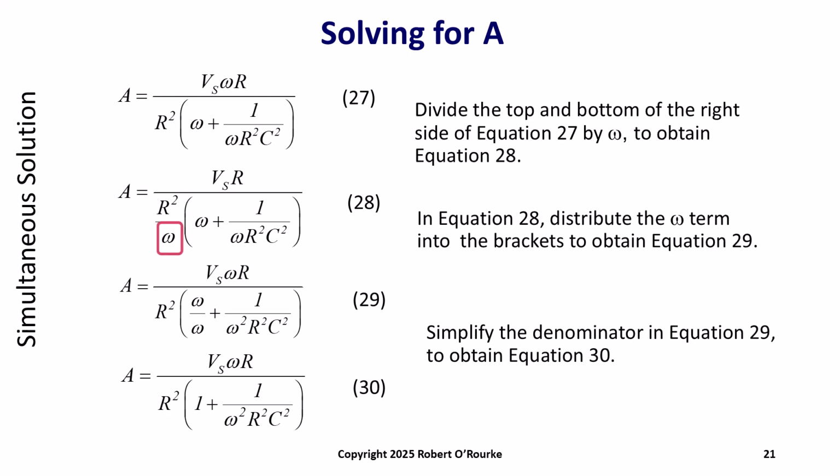Distribute the omega term in the denominator of equation 28 into the brackets. This gives us an omega over omega term in equation 29. Simplify that omega over omega term to become 1 inside the brackets in equation 30.